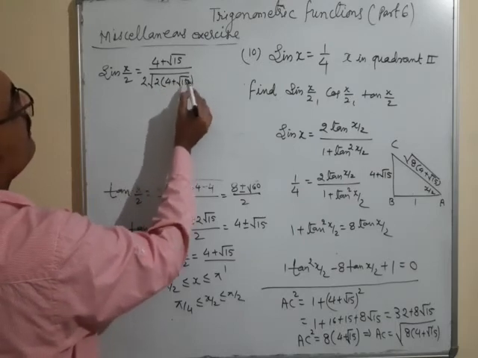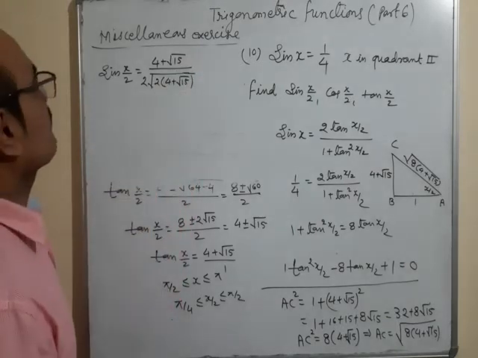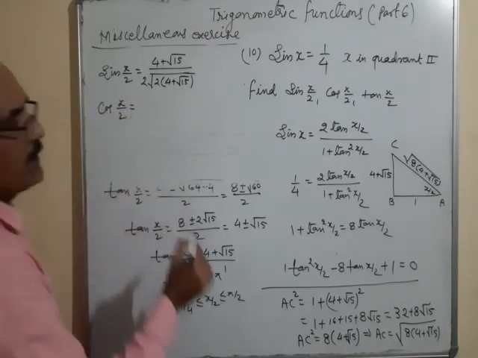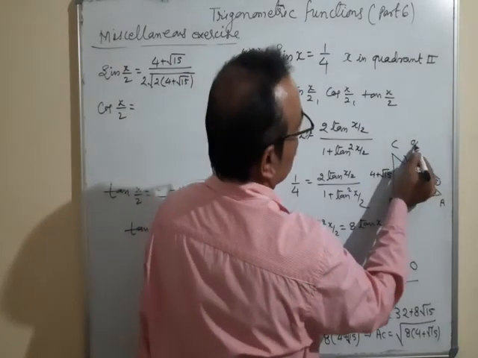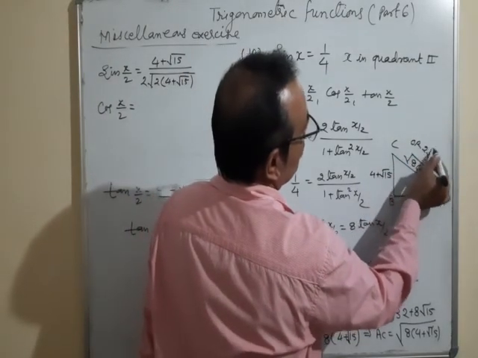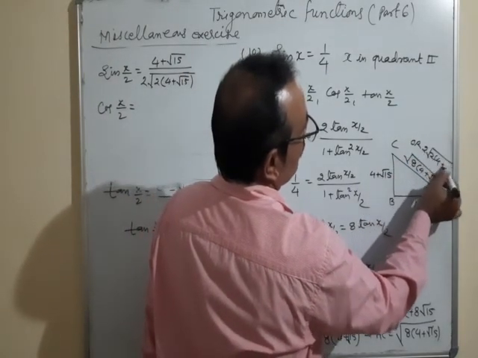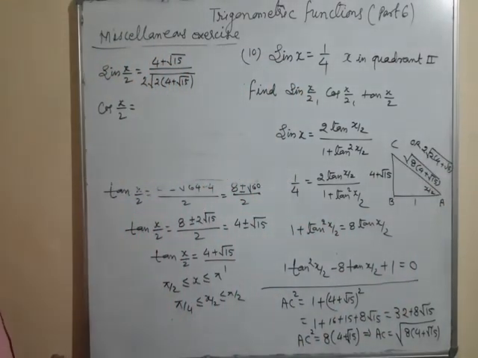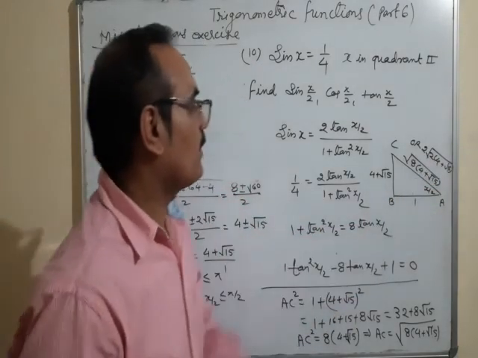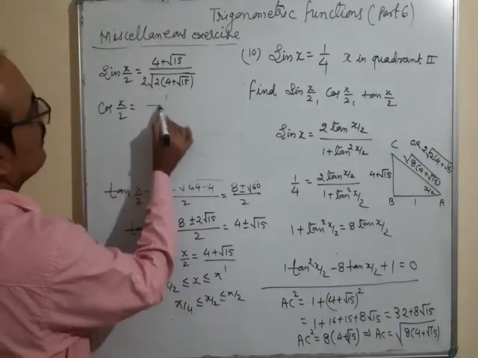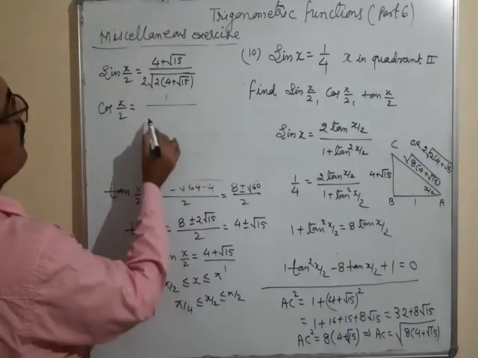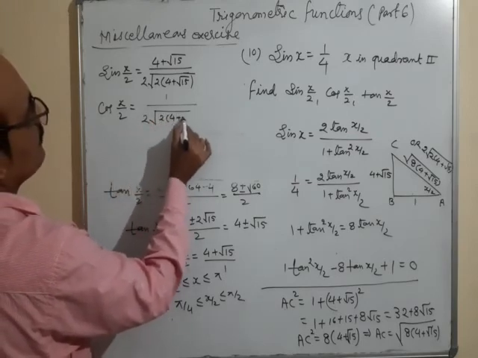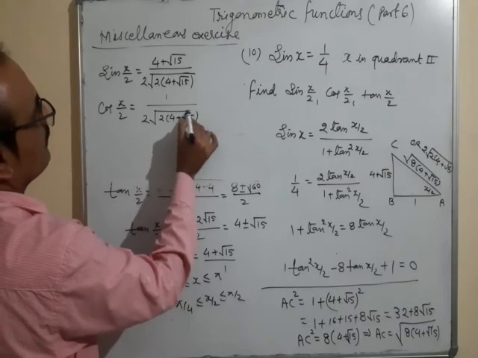Same meaning. Cos x by 2 is adjacent side upon hypotenuse, 1 upon under root 8 times 4 plus under root 15, or 1 upon 2 under root 2 times 4 plus under root 15.